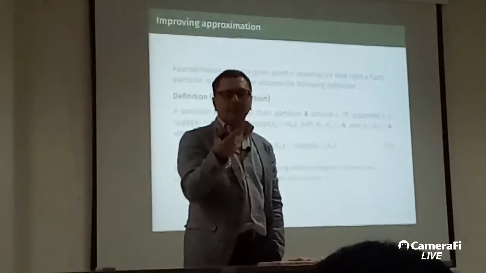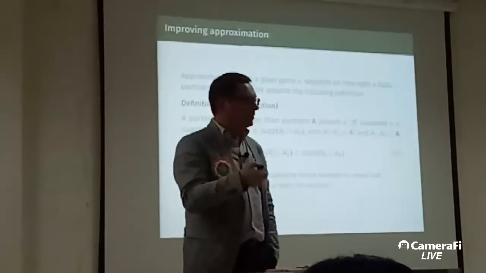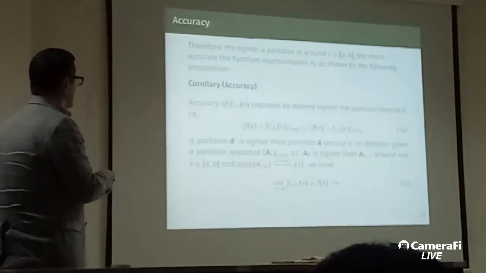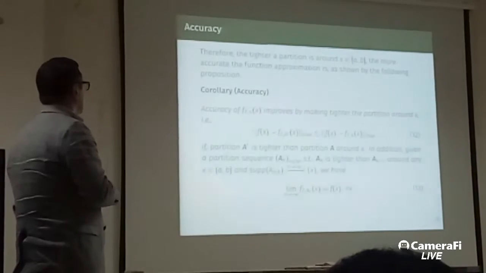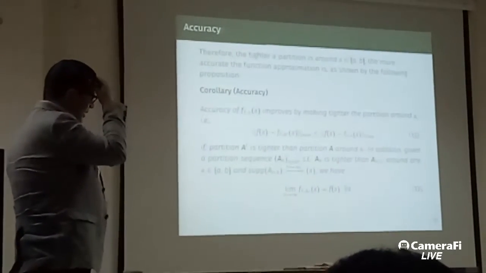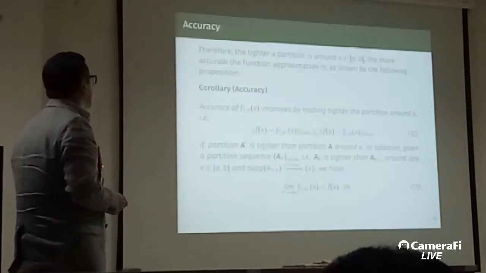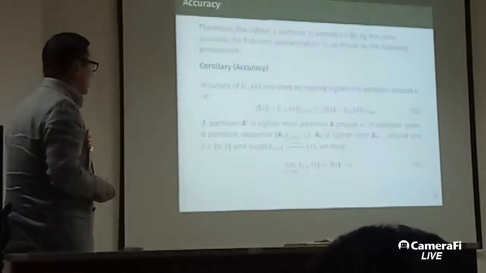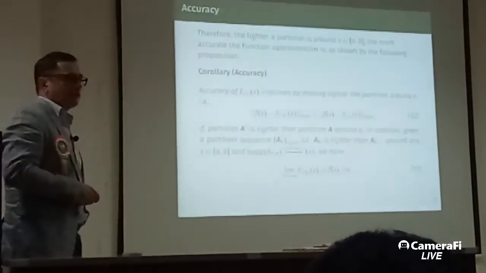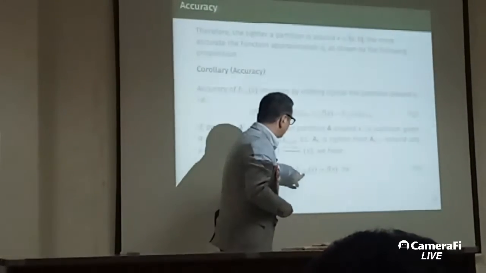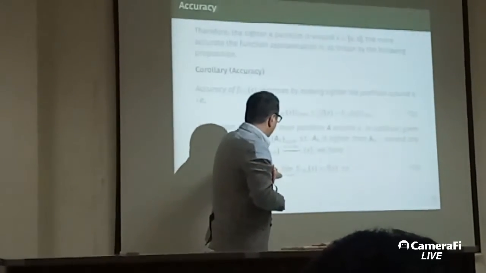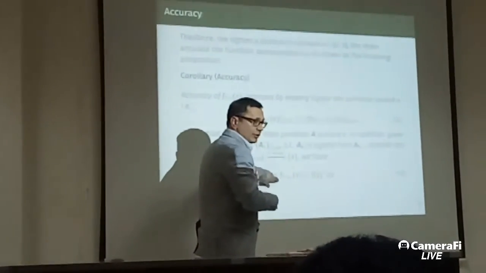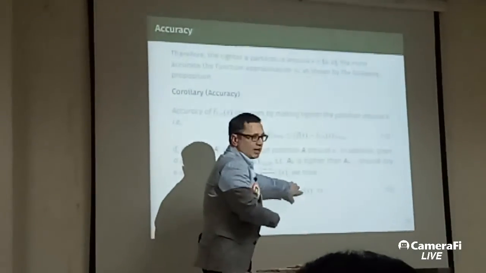We just make the partition tighter to points, and by this proposition that we proved some years ago, it's simple to prove that by increasing n, the limit for n going to infinity of the approximation function goes exactly to the function.